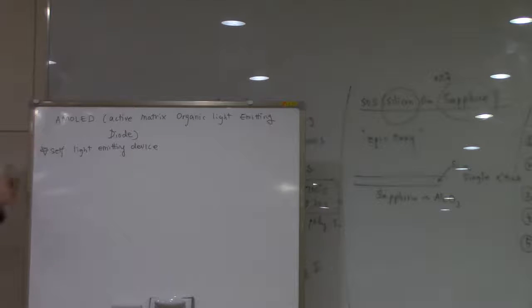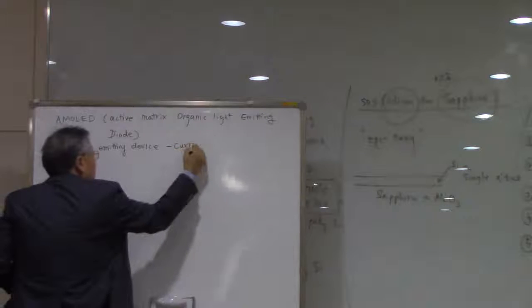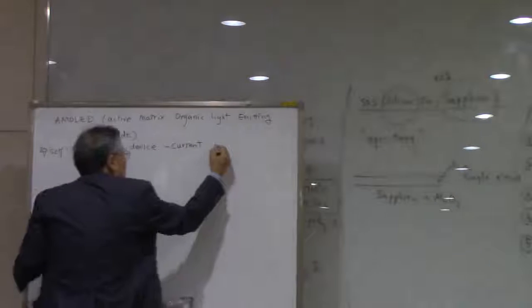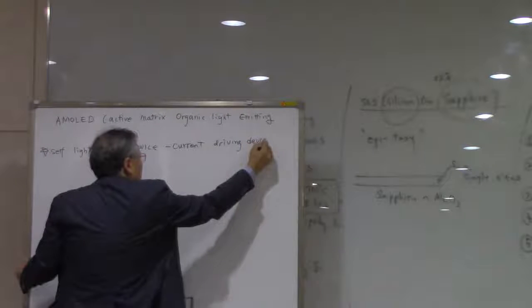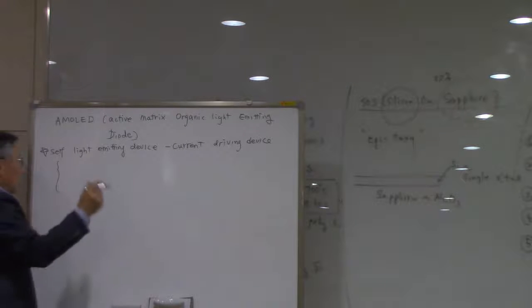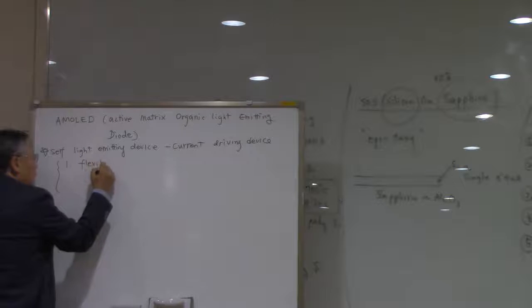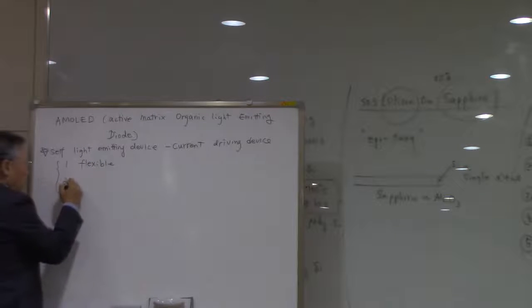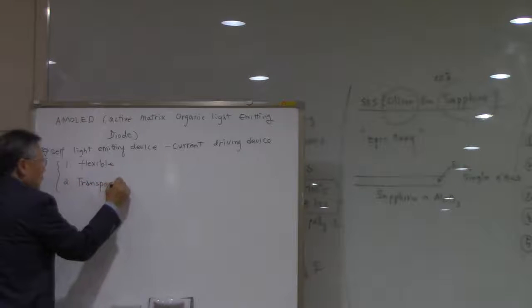But AMOLED is a current driving device, and it's self-light emitting. So it does not need a backlight. So we can have a flexible display, and we can have a transparent display.